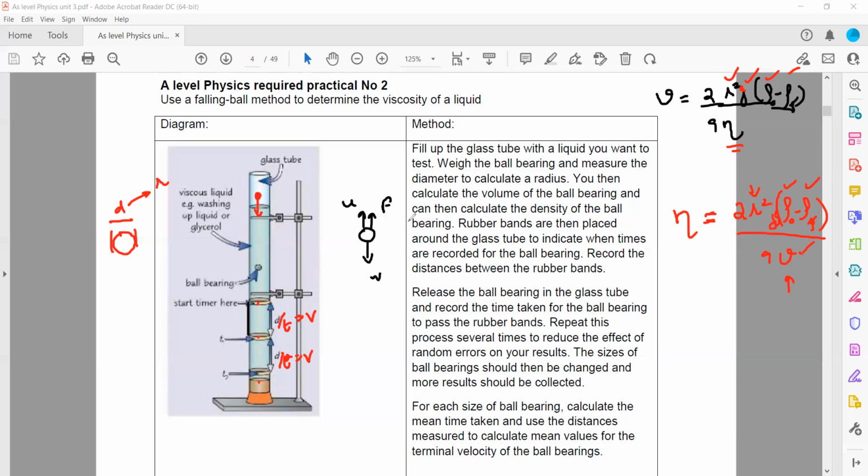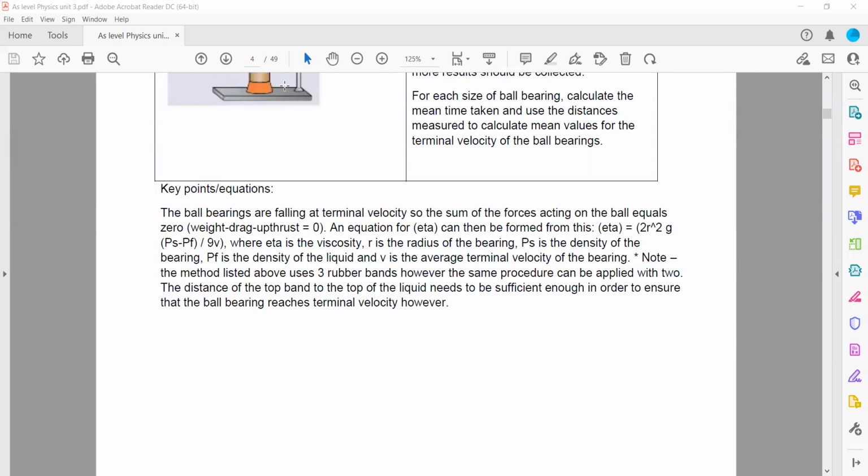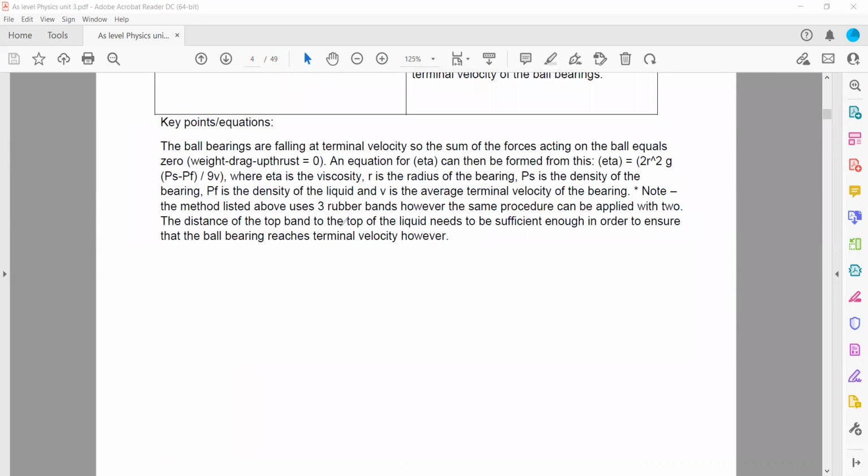But whenever an experiment is done, we repeat the experiment and plot a graph. So which quantities should we plot a graph of here? If we use this equation, terminal velocity equals 2 by 9 r square g, difference of the density of object minus density of fluid, divided by eta.